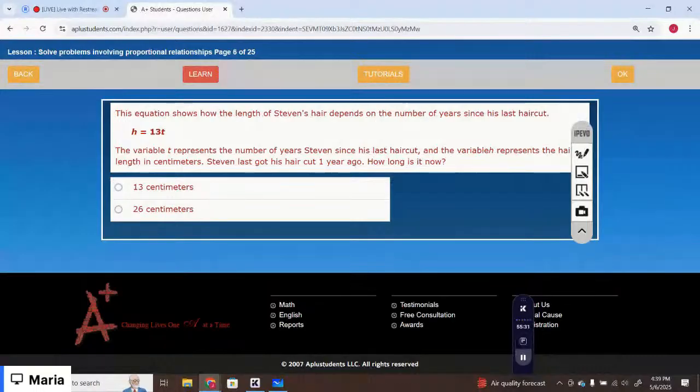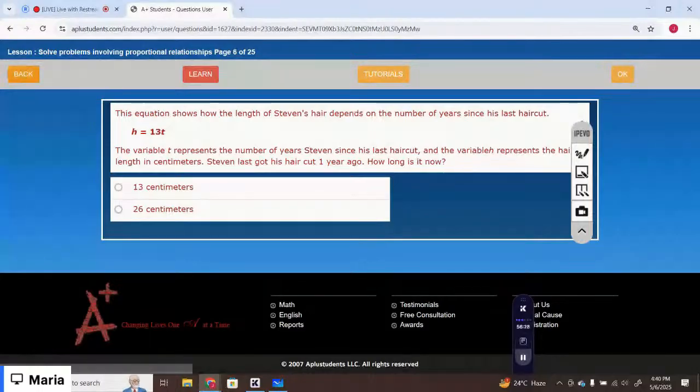So, which is the correct option? The correct option is 13. Option number 1 is the correct option.